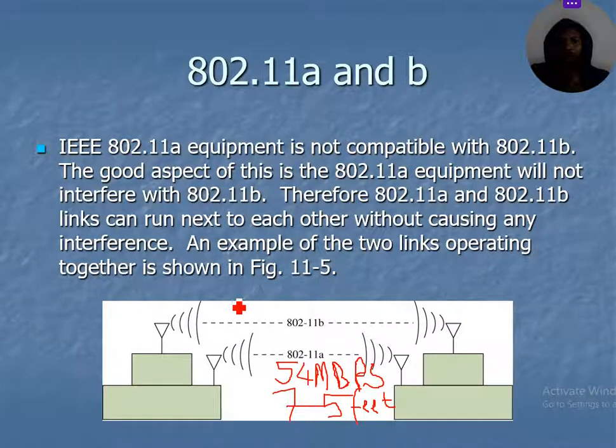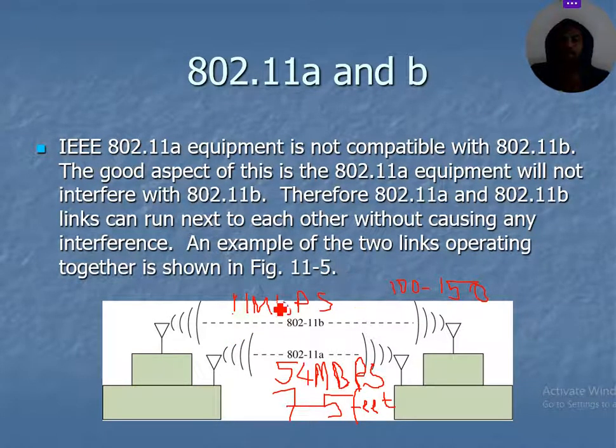While 802.11b has a speed of only 11 Mbps, it can cover a range of 100 to 150 feet. You can see 802.11b can cover a higher distance, although the speed is slower.